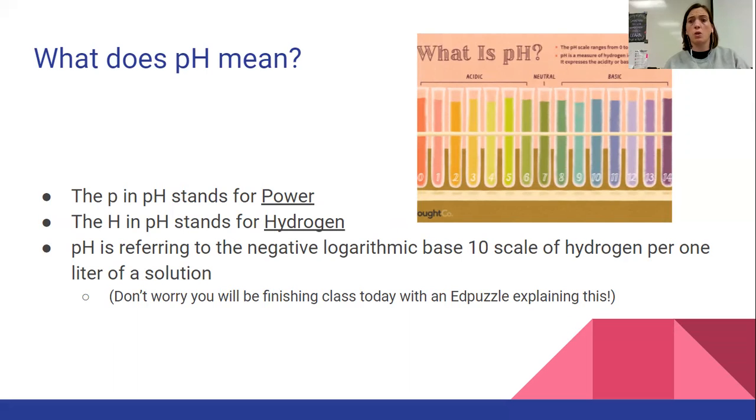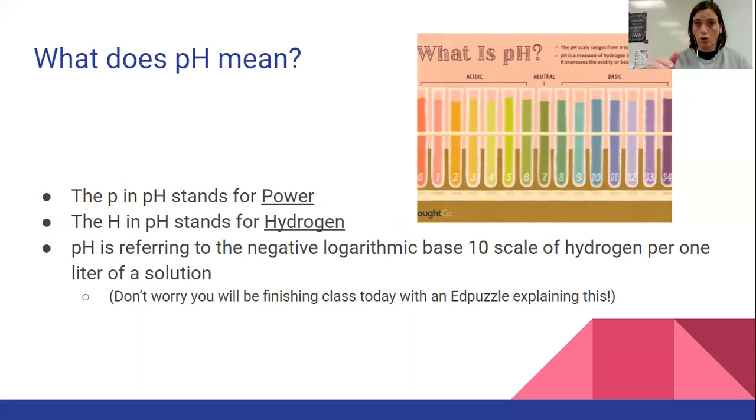So it's asking what is the power of hydrogen in the substance. It's referring to the negative logarithmic base 10 scale of hydrogen per 1 liter of solution. That sounds like a lot of math, okay? But it's not as bad as you think it is. You'll be watching an Edpuzzle that explains this a little bit better at the end of class.